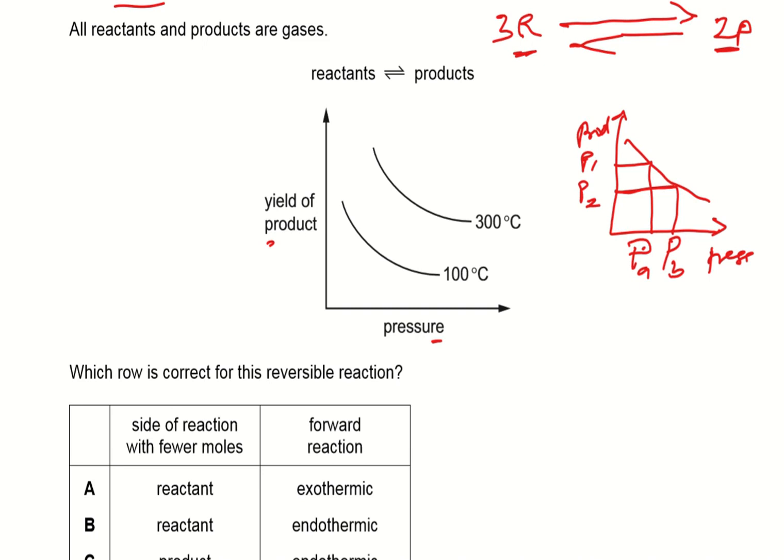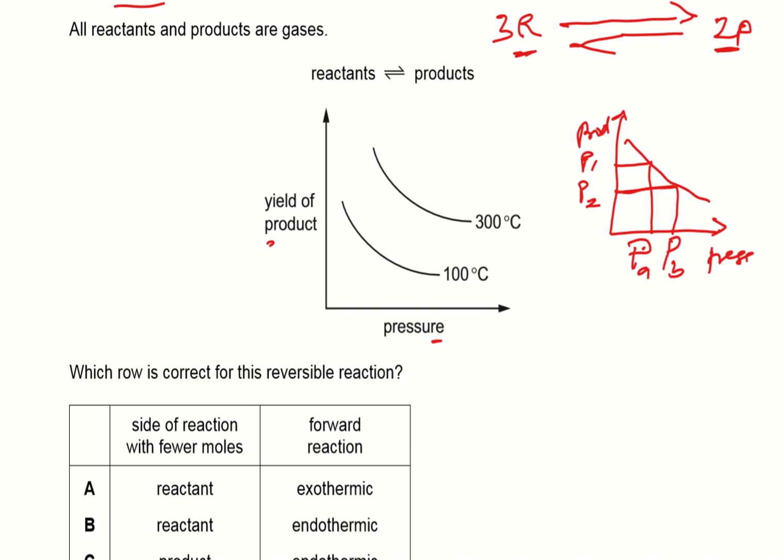If I increase the pressure, the equilibrium will shift to the product side, which means more product is formed. If I reduce the pressure, equilibrium will attempt to increase the pressure. How will equilibrium do that? It will favor the side with more moles. There is a principle that attaches to this called Le Chatelier's principle.